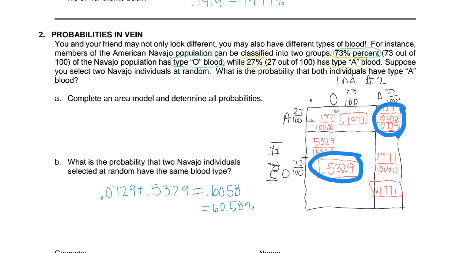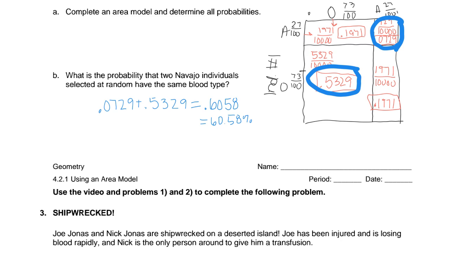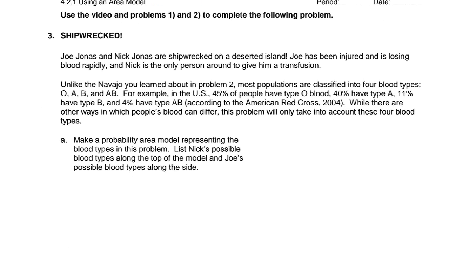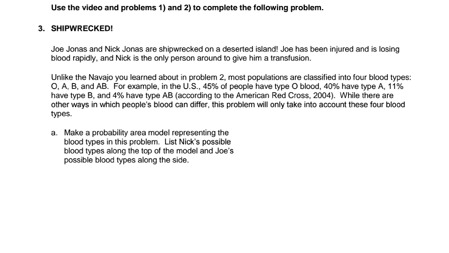Once you've got all of your probabilities, you're all set to go ahead and answer the questions that are presented to you. So just to get you started on number 3 here, it's the same kind of idea as number 2, except there are more blood types possible. On your left side and your top side, when you're trying to figure out what things go there, the left side and the top side are going to be your 2 different individuals.